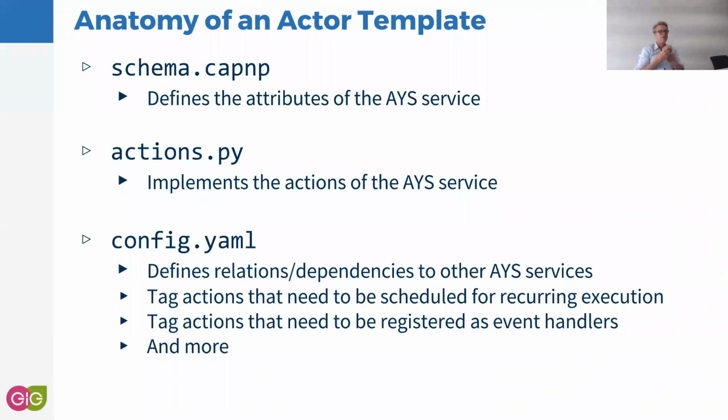The monitor action is certainly one of the examples. Another action could be registered as an event handler, so without any interaction, whenever you activate this service by executing a blueprint specifying the name of the service, it gets up. And it knows, well, when this event and this event happen, I need to react.